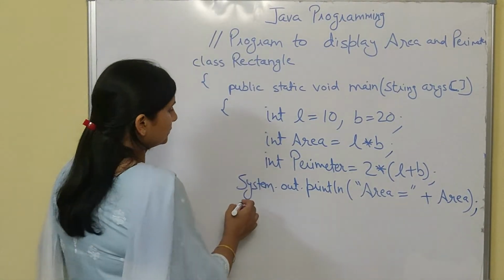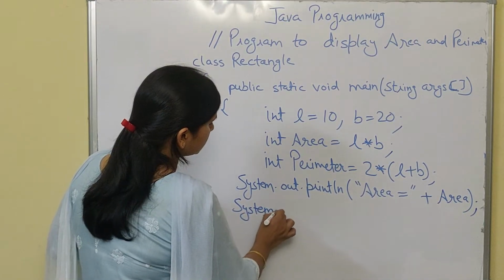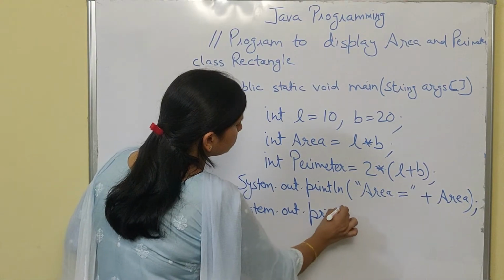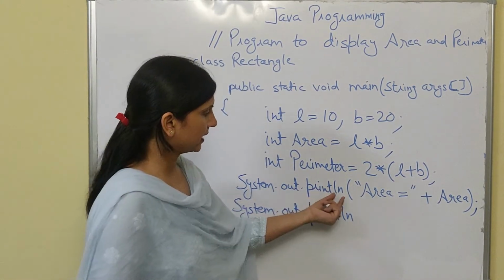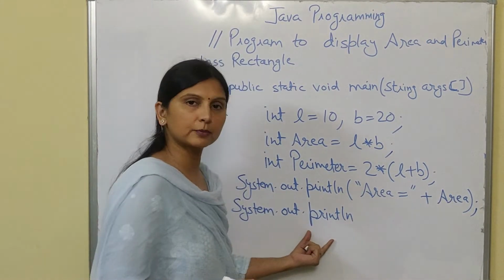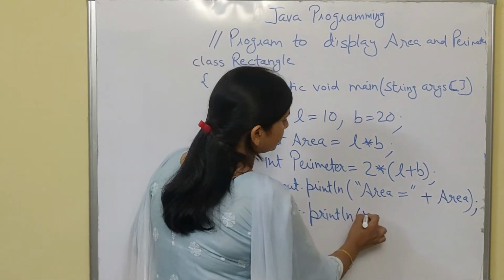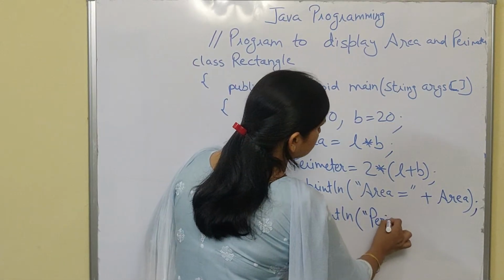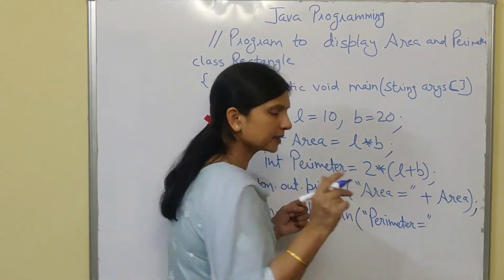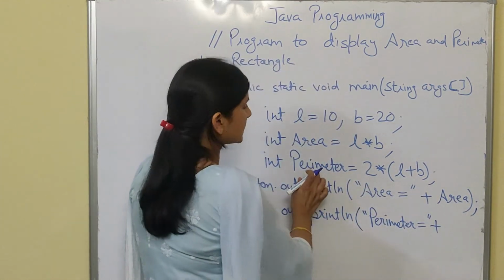Now for perimeter, system.out.println. Here you have given ln, that's why after area equals value, the cursor will come to the next line. ln stands for next line, right? Perimeter equals, within inverted commas, because this is a message, then plus sign, and what is the variable name?